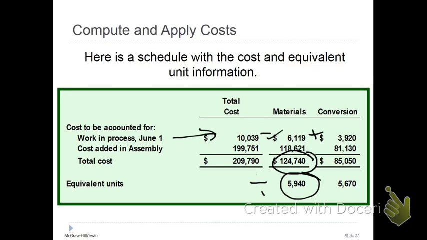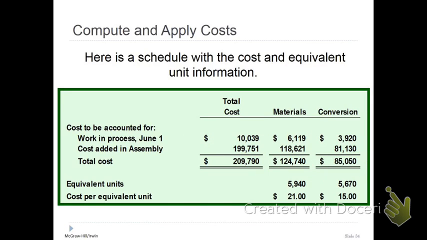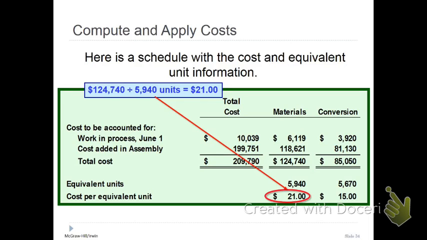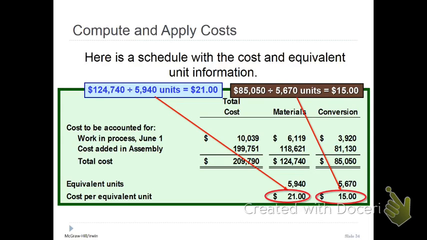So to figure out the cost per equivalent unit for materials, all we need to do is divide those two. And likewise for conversion, we're going to divide those two. So when we divide them, we get cost per equivalent unit for materials at $21, cost per equivalent unit of conversion at $15. And how do we get that? 124,740 divided by 5,940, and 85,000 divided by 5,670, exactly what I showed you earlier.